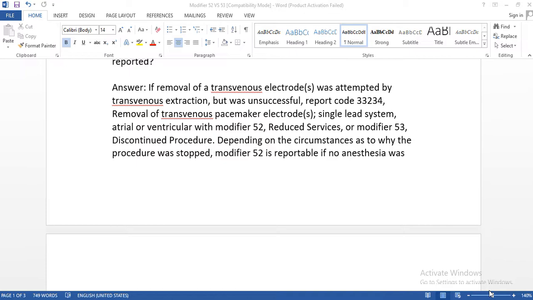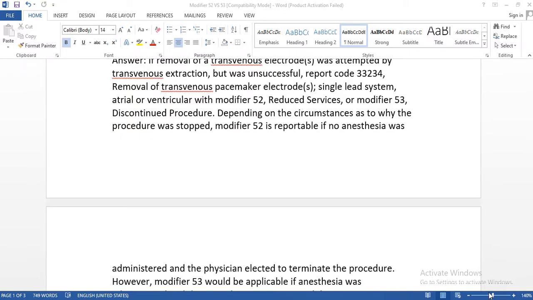If removal of a transvenous electrode was attempted by transvenous extraction but was unsuccessful, report code 33234, removal of transvenous pacemaker electrode, single lead system, atrial or ventricular, with modifier 52, reduced services, or modifier 53, discontinued procedure. So we need to analyze the chart and decide whether we need to give the 52 modifier or the 53 modifier.